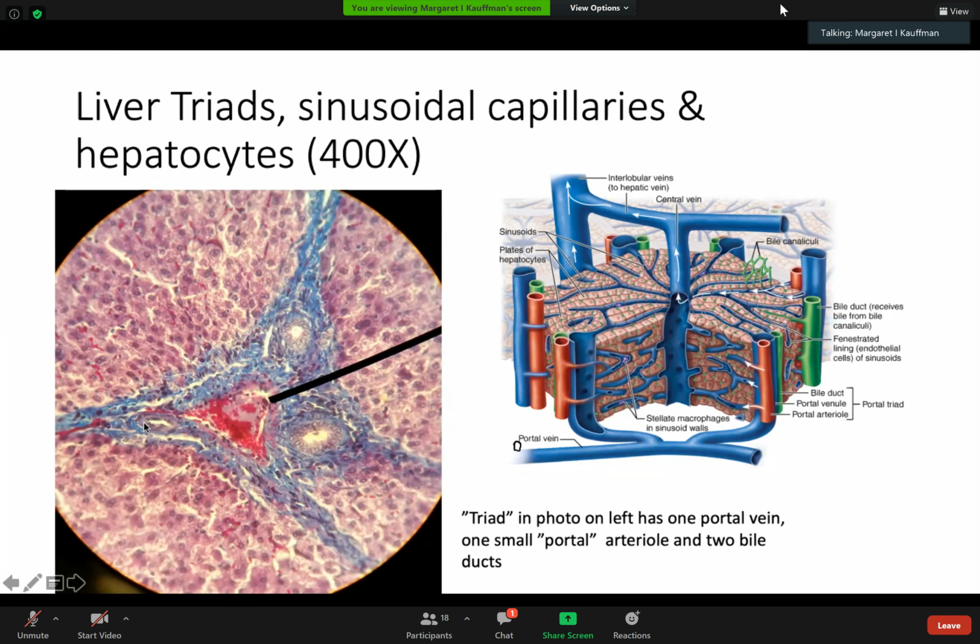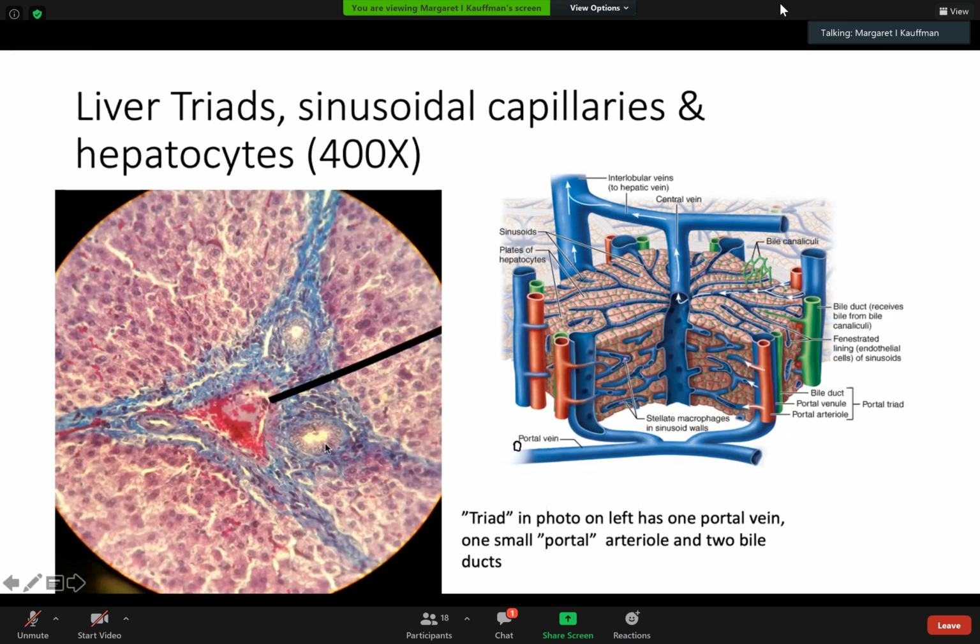That is an arteriole. That's one of the oxygen-rich blood sources that's coming in. Where you're seeing cuboidal cells like here or here, those are bile ducts. So if it's round, and it's not lined by cuboidal cells, then it's an arteriole.